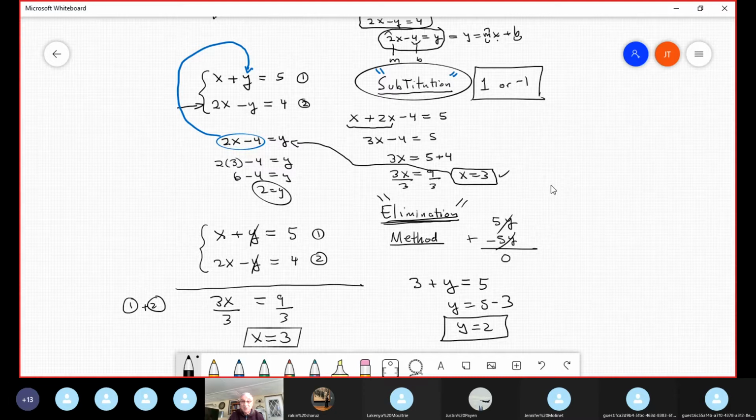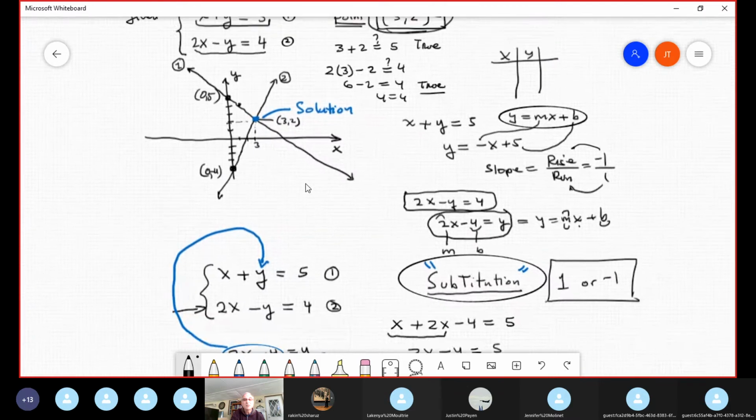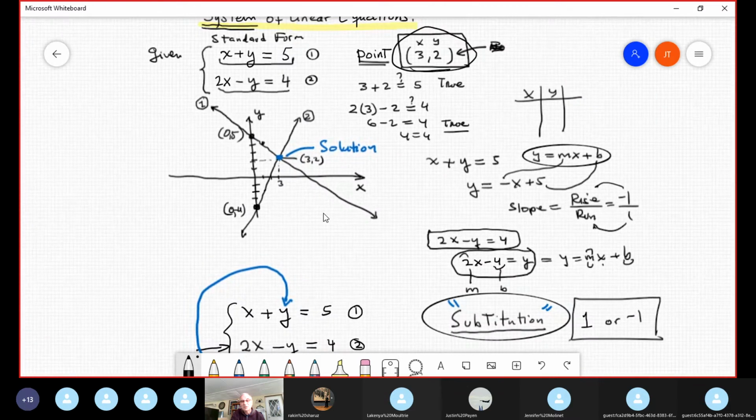Elimination, in my personal opinion, is more universal and solves the majority of problems. But it doesn't matter, either way. And graphically, well, the graph is one way to illustrate the idea, but it's not frequently used.